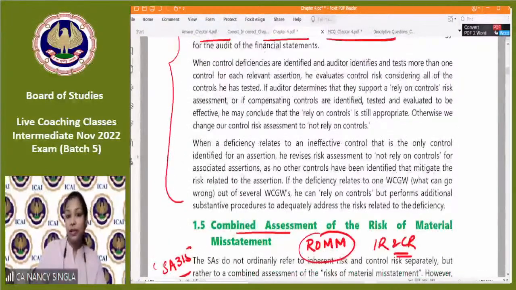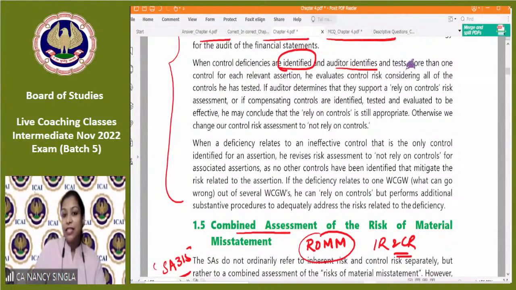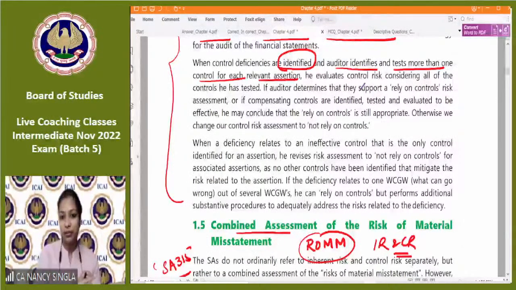When control deficiencies are identified, the auditor identifies and tests more than one control for each relevant assertion. If, with respect to a particular assertion, one of the controls is found to be deficient, he will test other controls. If other controls support that he can rely on internal control, he will rely, even if one of the controls is not effective. Why? Because the other controls are working properly.